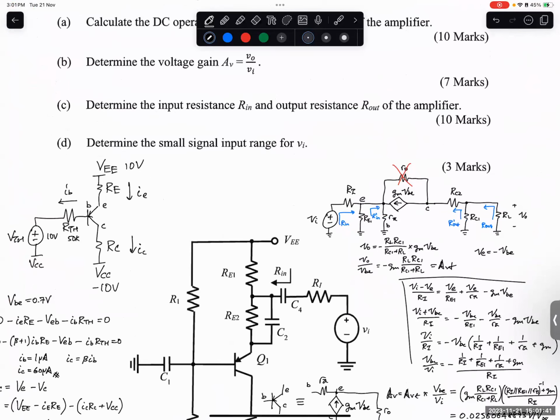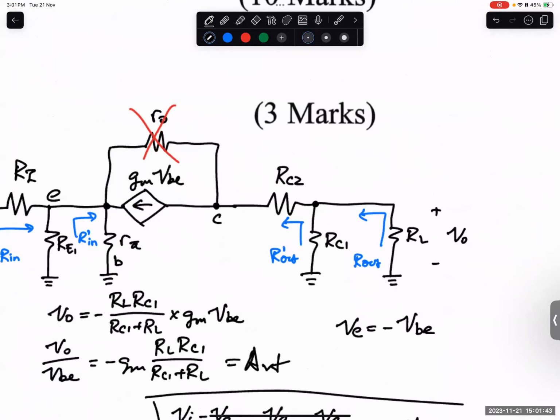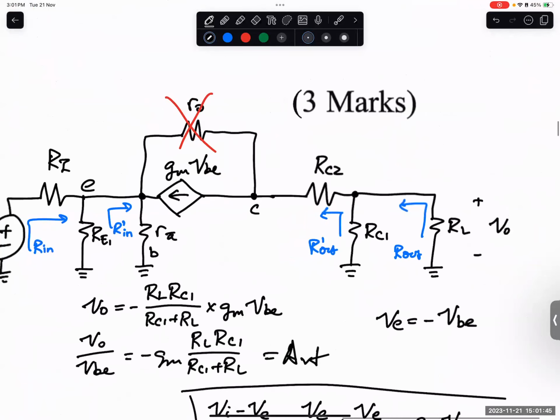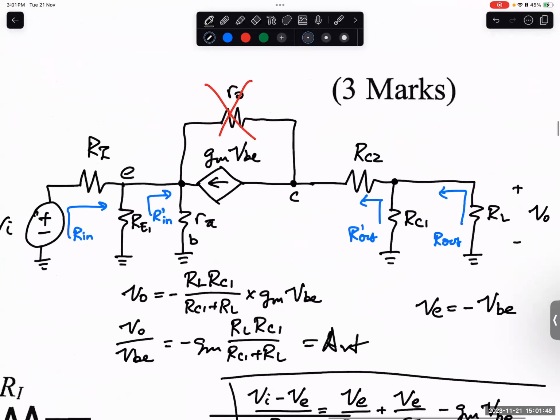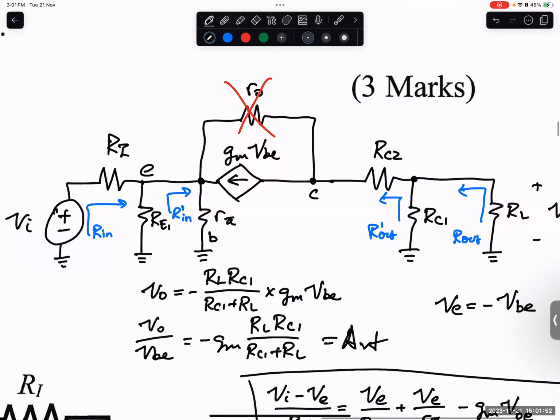Okay, we look at this again. So now we calculate what is R prime out. What do we need to do now? Find R prime. R prime is what?